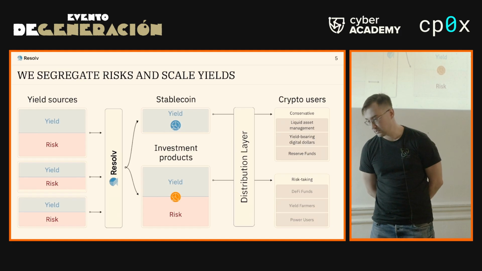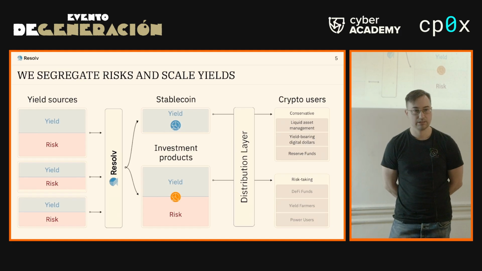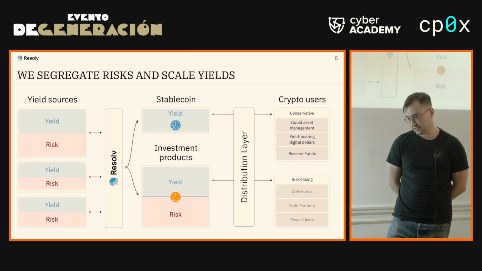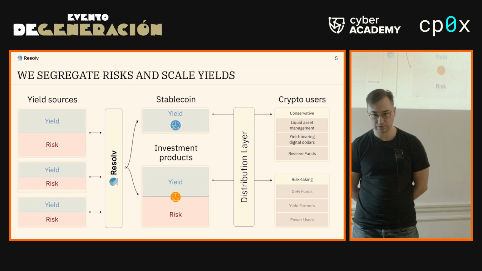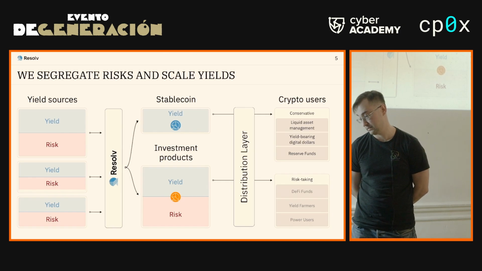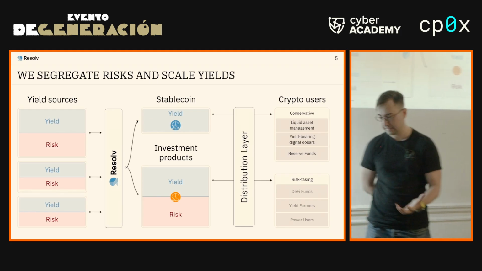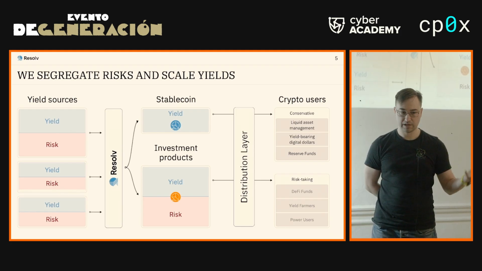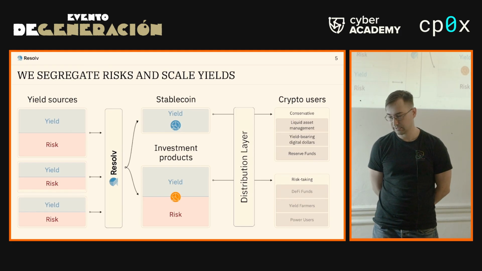So what we are doing is essentially making an architecture which allows attaching different yield sources and segregating risk into different products. One of the key ones in our example, but it can be scaled to other types of products, is exactly a stablecoin.